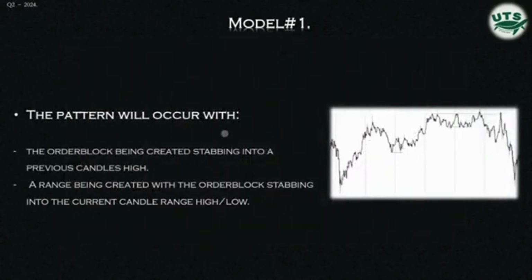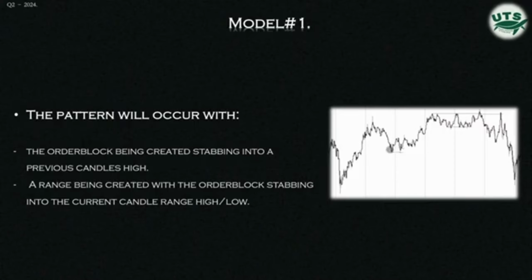The pattern, model number 1, will occur with the order block being created, stabbing into a previous candle's high, or a range being created with the order block stabbing into the current candle's range, high or low. First case, the order block being created, stabbing into a previous candle's high or low, right?